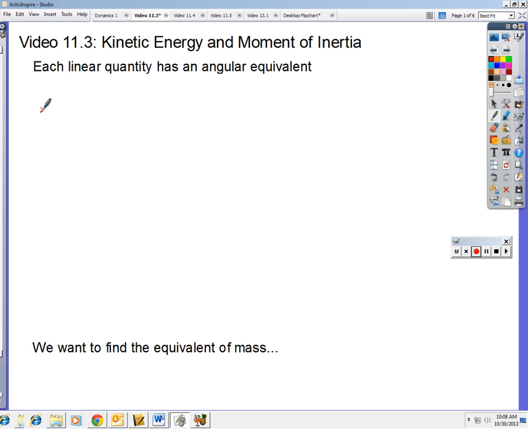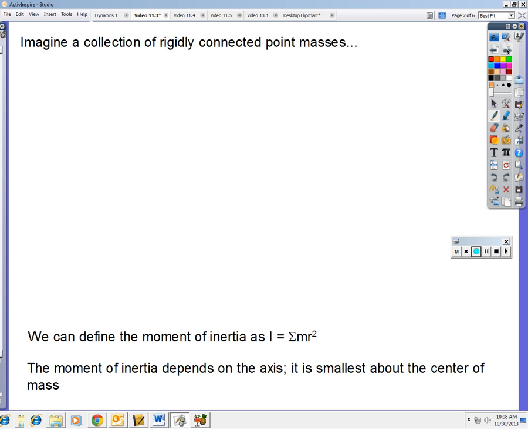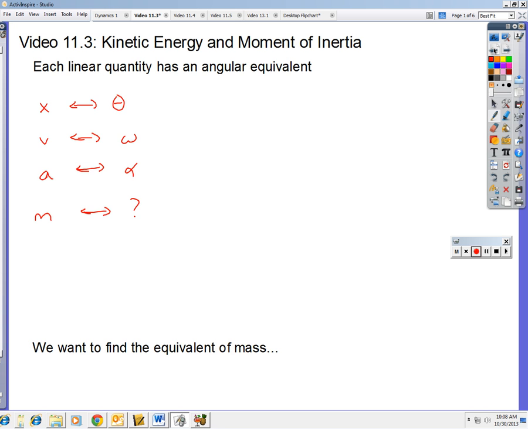We already know that the equivalent of position is angular position, the equivalent of velocity is omega, and the equivalent of acceleration is alpha, and we want to see if there's any linear equivalent of mass. To do that, we're going to look at kinetic energy, because for energy we know that 1/2 mv squared should be the same as 1/2 times something times omega squared, and we want to find out what that something is.